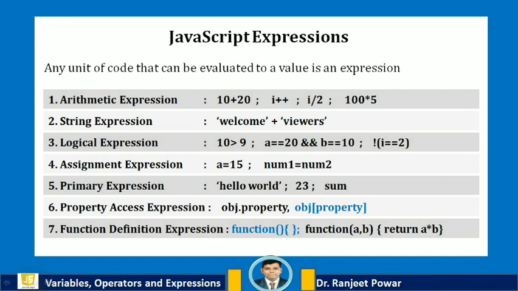When expressions use the equal to operator to assign a value to a variable, it is called an assignment expression. Primary expressions refer to standalone expressions such as literal values, certain keywords, or variable values. Then property access expressions, and the last is function definition expressions.